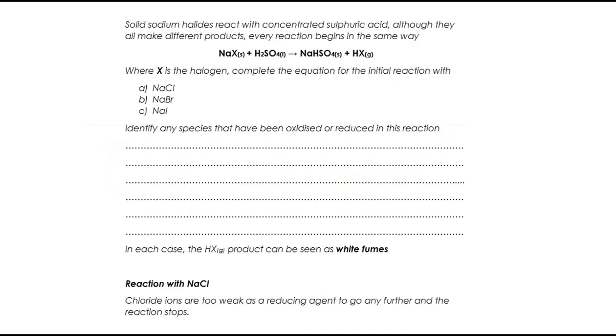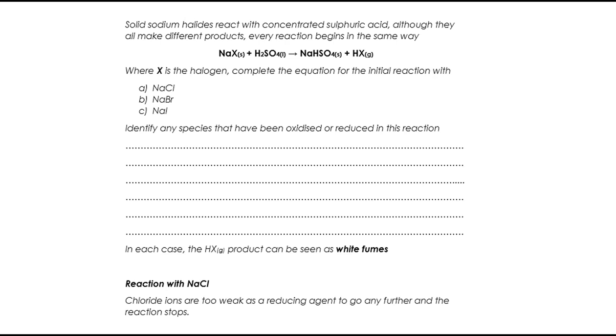But let's get started. In all of the cases, we start by taking the solid sodium halide and we react it with concentrated sulfuric acid. And in every single case, we get this same reaction where the X is substituted with a halogen.